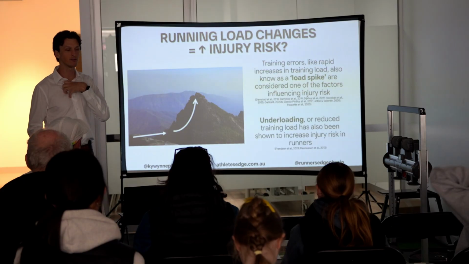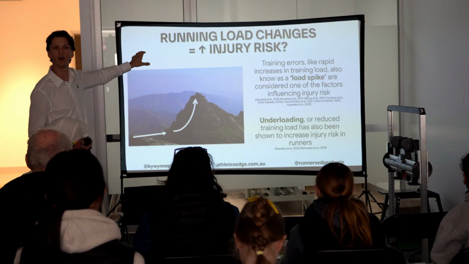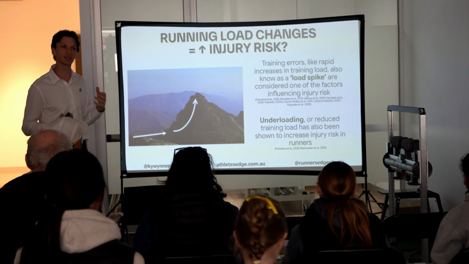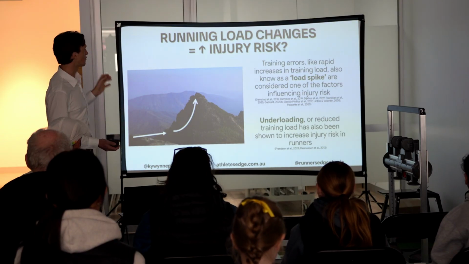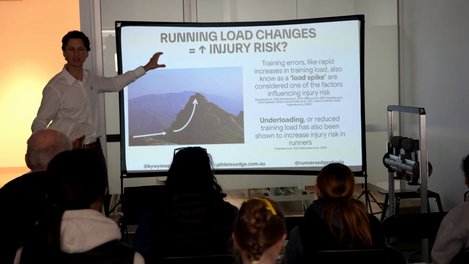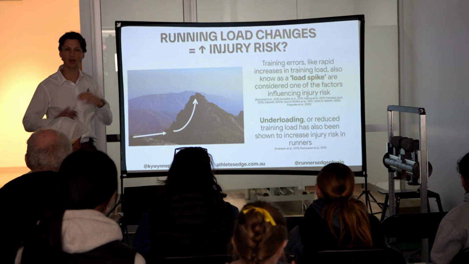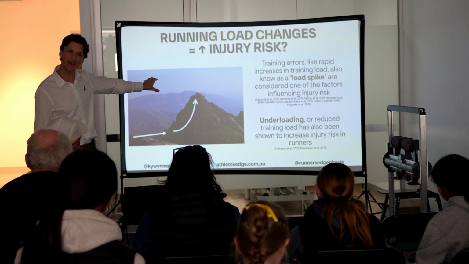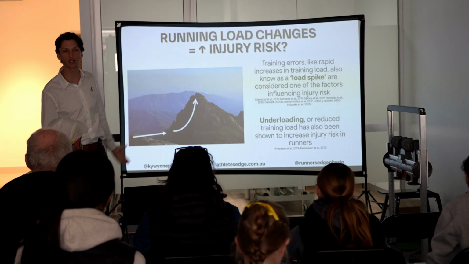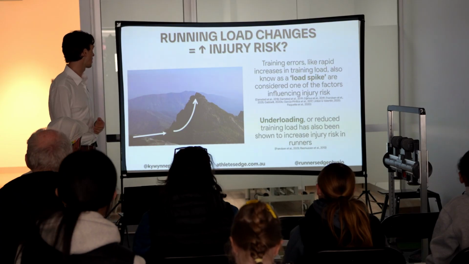From my perspective as a health professional and a running physio, that's the stuff I often see when runners come in injured: if we break down their training profile, there's usually an element of something's changed with their loading. It's either a load spike relative to their baseline loading, or it is underloading potentially, which has also been shown to be a factor if we're not doing enough to maintain our fitness or our baseline.